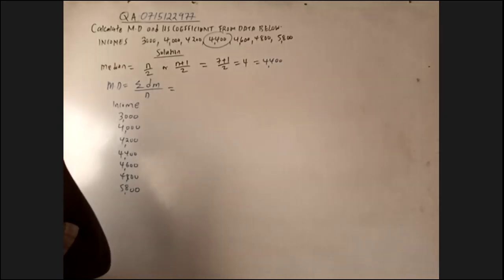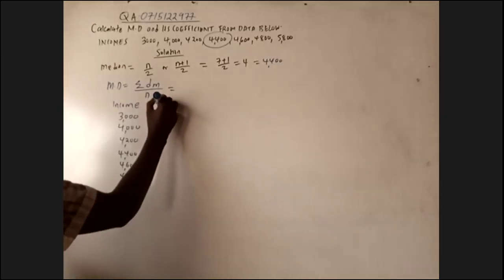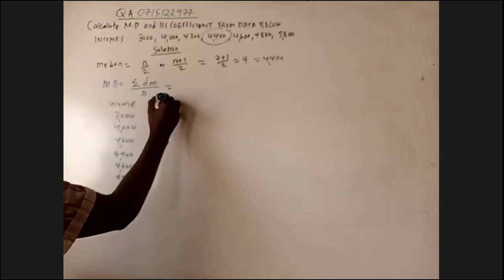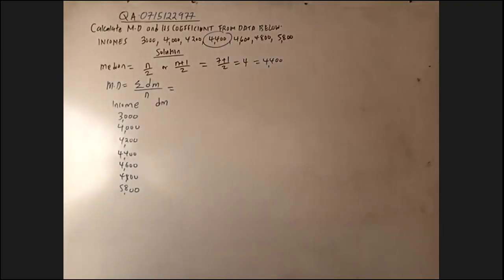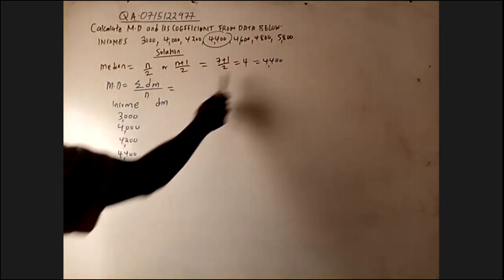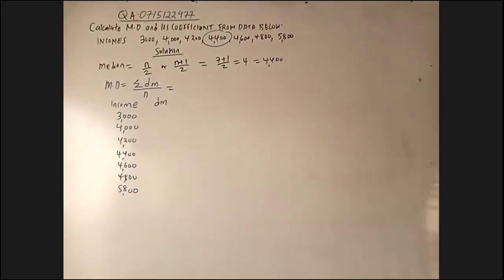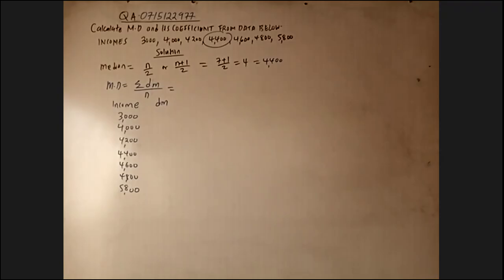Yeah. We need to find D. Deviation from the median, DM. So you take this one minus this one. That's 3,000. Excuse me, it is not visible well. What is not visible? Why is it not visible? Are you sure?